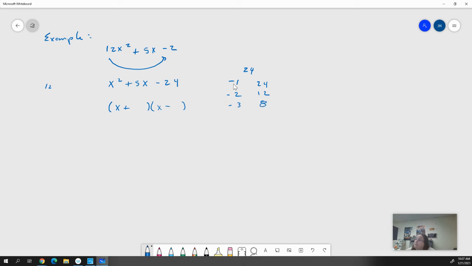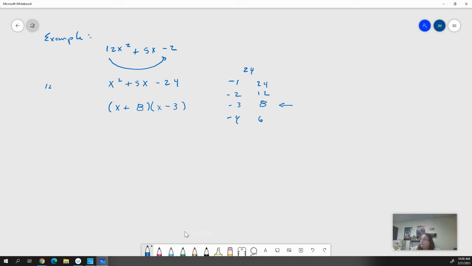I know that's the one that works. I could keep going though, negative 4 times 6. But 8 minus 3 is 5, so we know that this set right here will work. And so our 8 is positive, and our 3 is our negative.